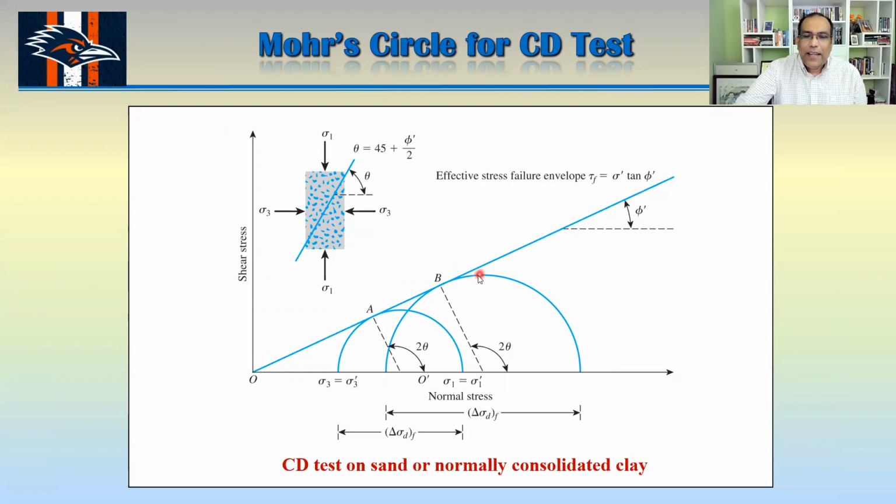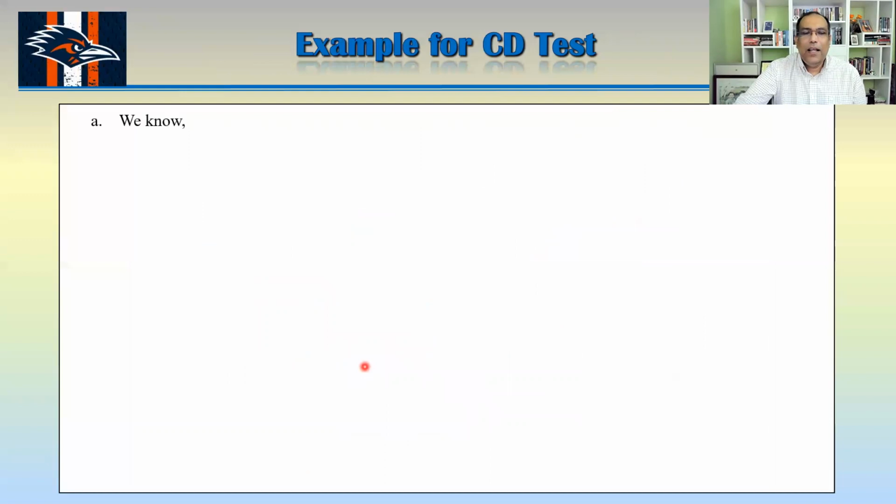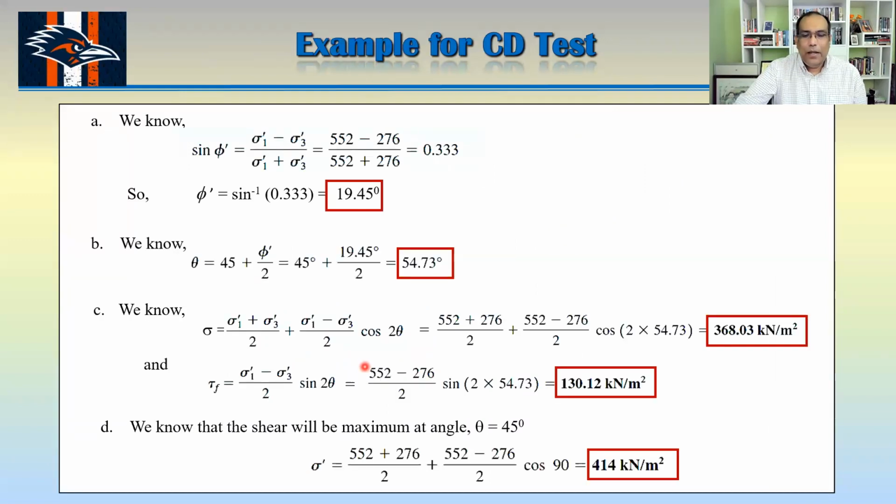So this is basically 90 degree. If you just draw a line here, this one has to be 90 degree in the Mohr circle. So actually the angle is 45. So if you plug that 45 angle there, then you'll get that answer here. Okay.